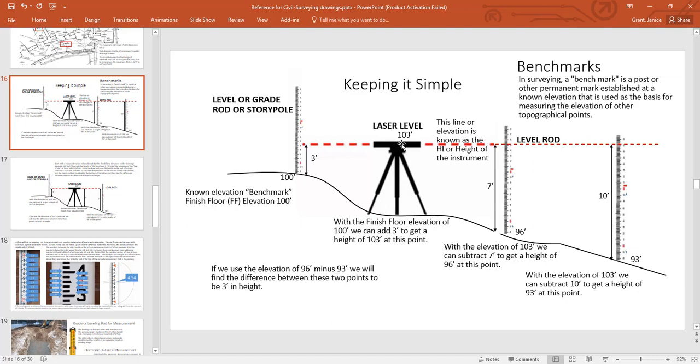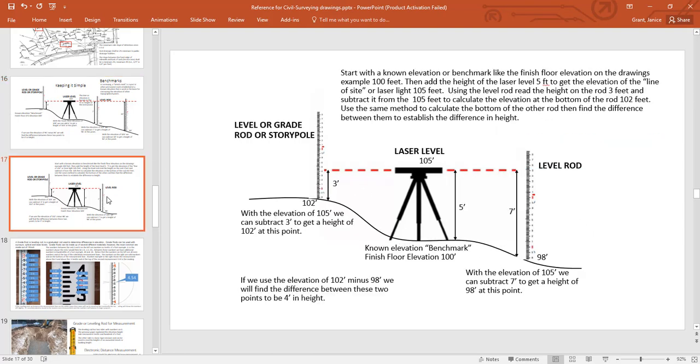And then taking the top of the level over, you can then project how far it is from the rod here to the elevation. So you take here the 100 feet, you add the 3 feet, you subtract the 7, and you end up with 96 at this point. And this is kind of the basics of being able to use surveying benchmarks and to figure out elevations.